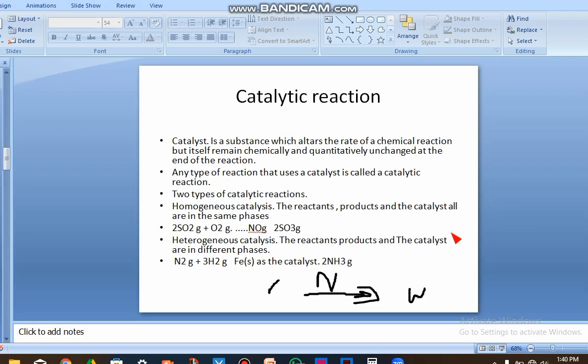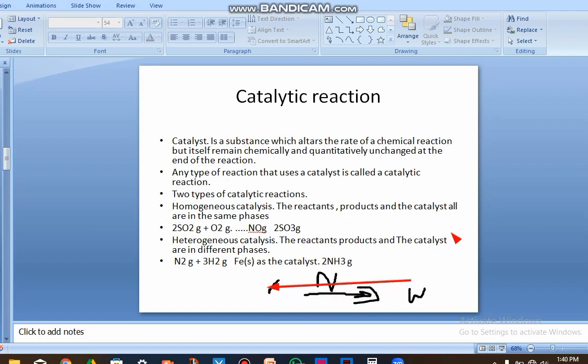Under homogeneous catalyst, the reactants are here. The reactants, the products and the catalyst are in the same phase. Meaning if the reactants are in liquid form, the catalyst must also be liquid, and the products must also be liquid.